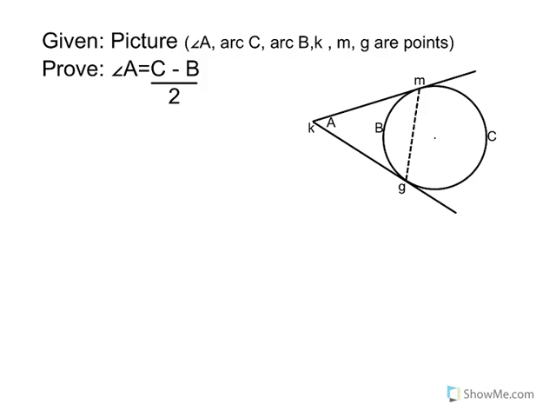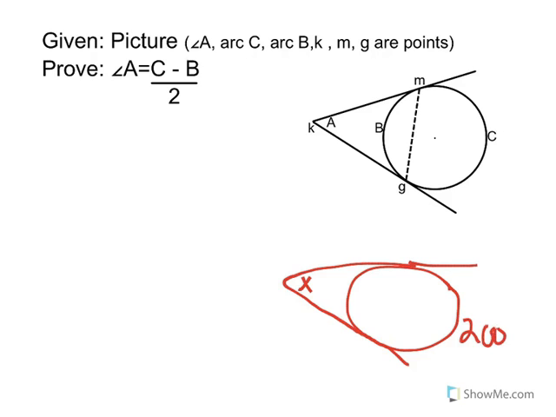All right, so this is our last one. Now, we're trying to prove, if you remember, when the angle's on the outside, if this is what we're looking for, and say that this was 200 degrees, then the angle is going to equal the bigger arc minus the smaller arc divided by 2.